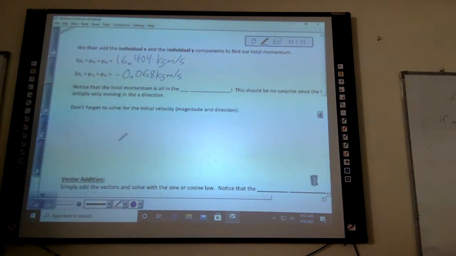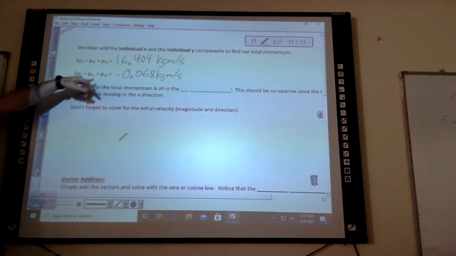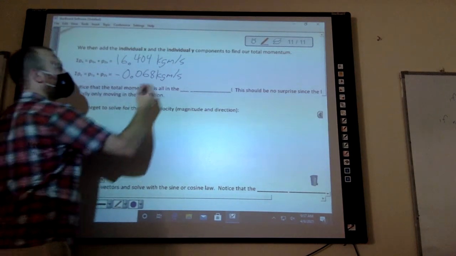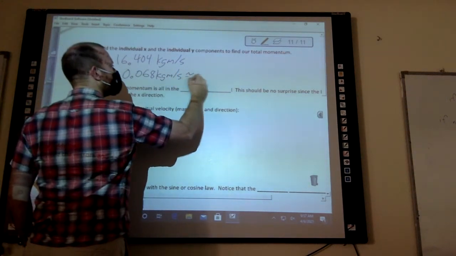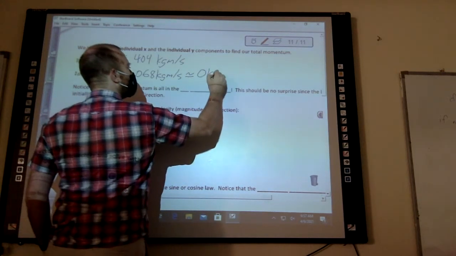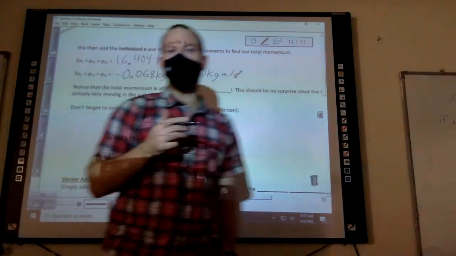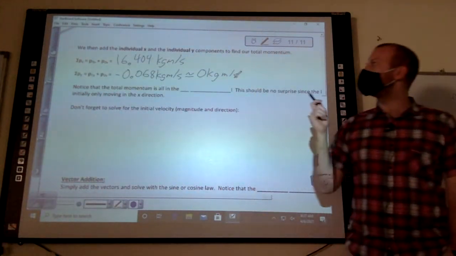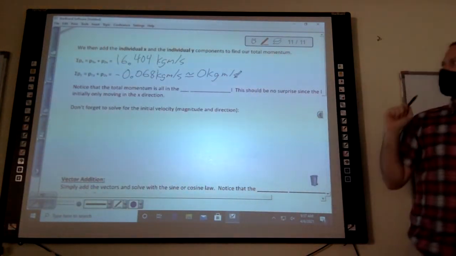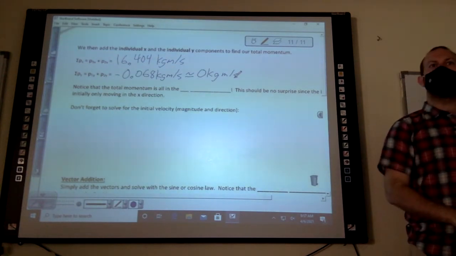With a number like this, we can say that this one is approximately 0. It's a very small number. The reason you can assume this: if you look at the other page, what are you told about the initial velocity of the bowling ball?